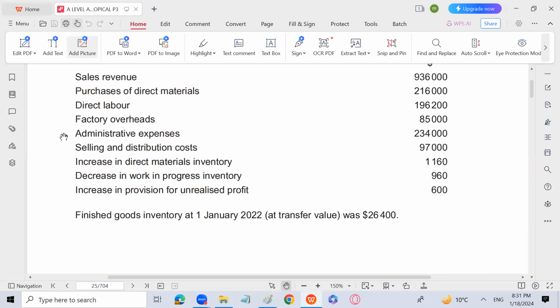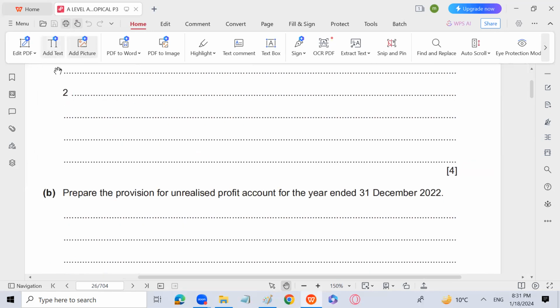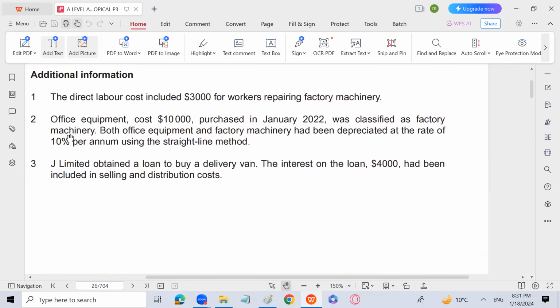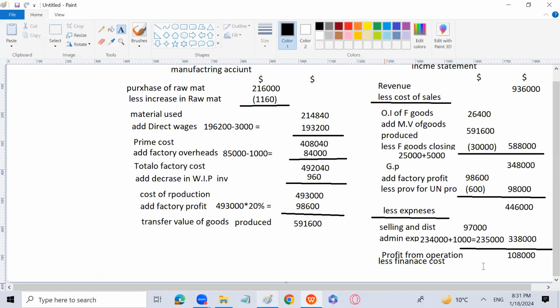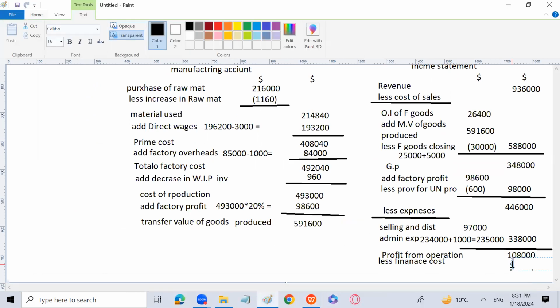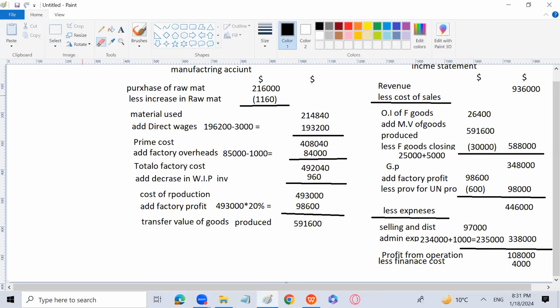No, it is not given in the data above. So let's find out. J Limited obtained a loan to buy a delivery vehicle. The interest on the loan is $4,000, and that had been included in selling and distribution expense. So we have to subtract the interest finance cost of 4,000, but from selling and distribution.